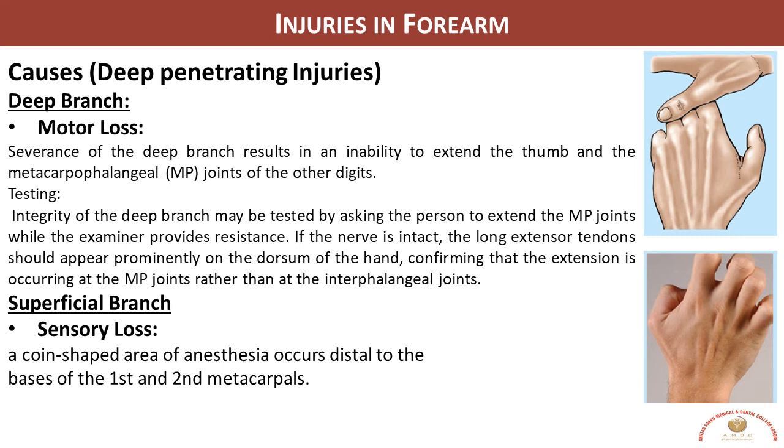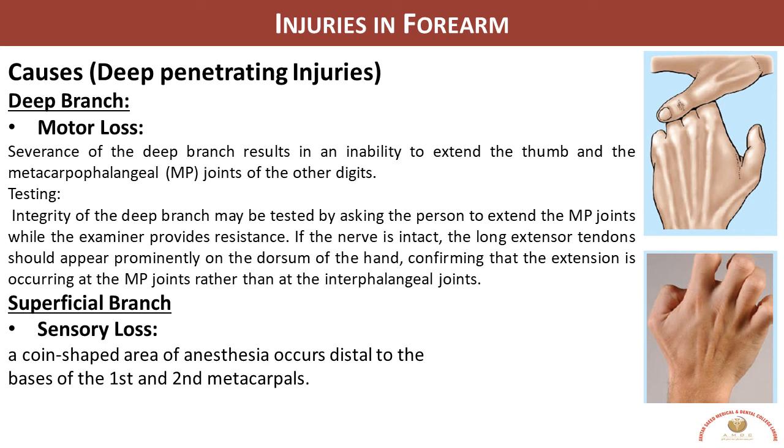If the deep nerve is involved, there will be no sensory loss. But if the superficial branch, which is the cutaneous supply, is involved, sensory loss usually occurs, but it is minimal. A coin-shaped area of anesthesia occurs distal to the base of the first and second metacarpals.